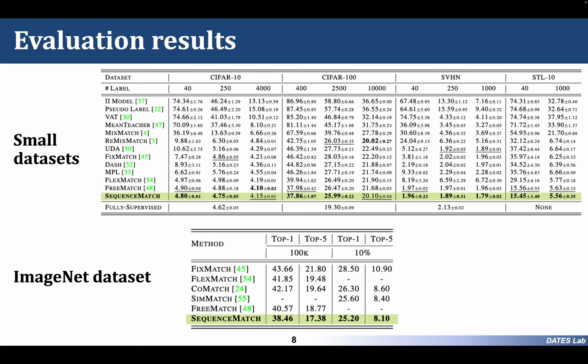And we can see that SequenceMatch outperforms the current SOTA, which is SimMatch and FreeMatch, by a large margin under both training schemes.